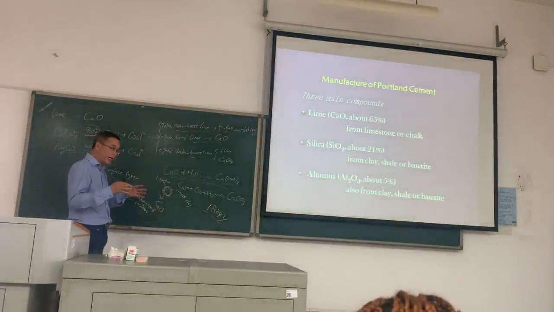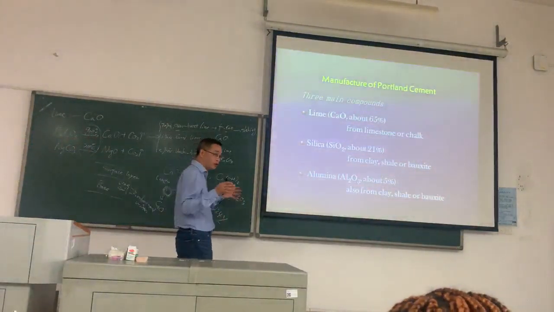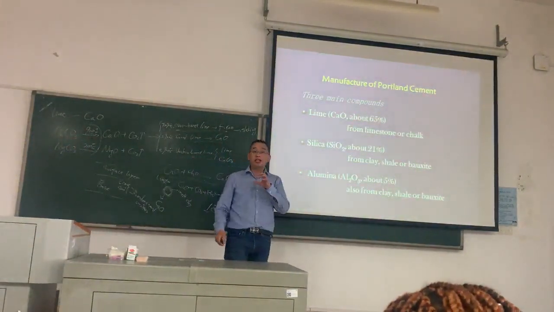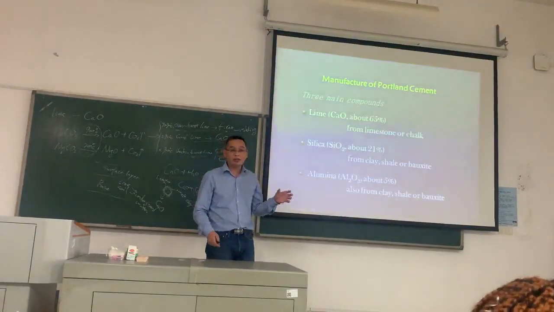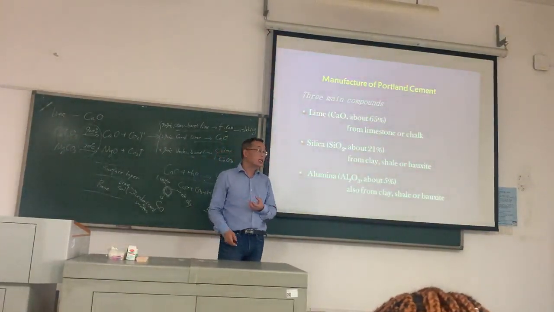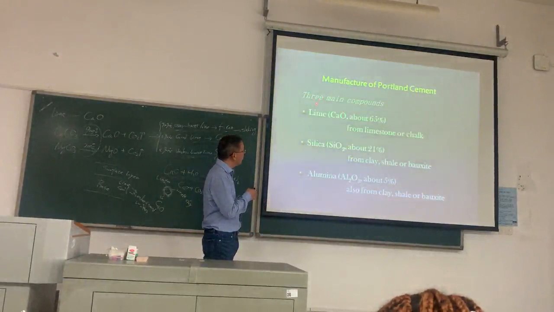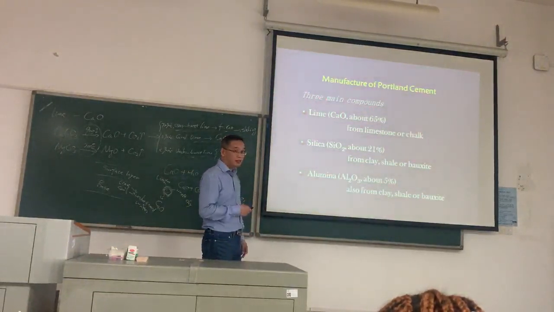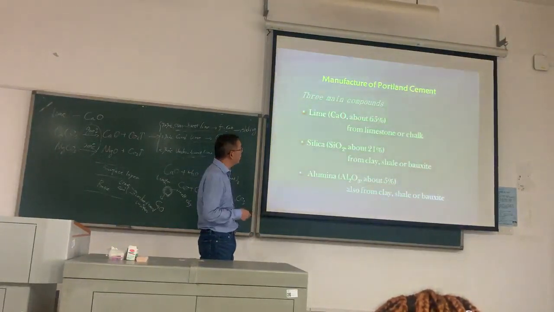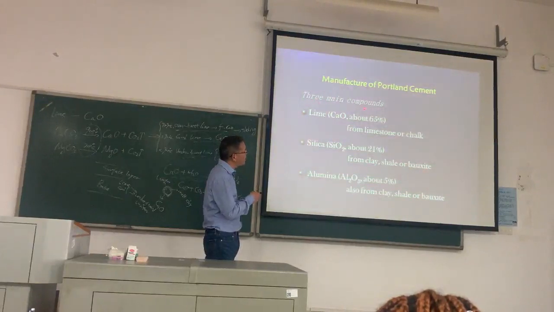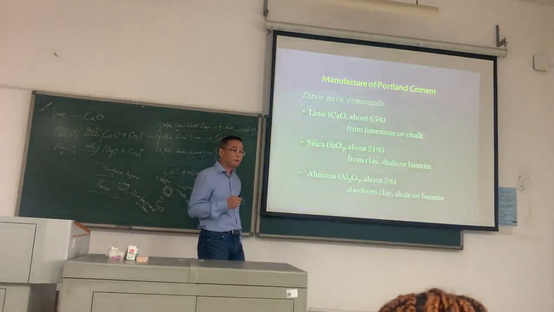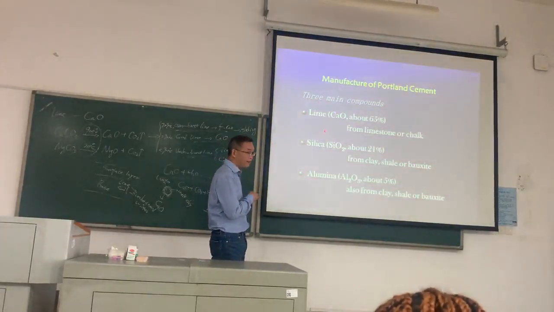Okay, first one we need to know is the manufacture of the Portland cement. First thing we need to know is what are the raw materials for the Portland cement. The raw materials, maybe there are 3 main compounds in the cement. The first one is the lime.